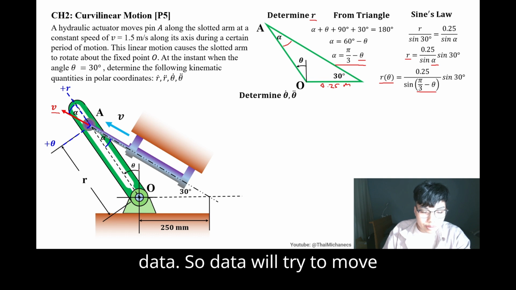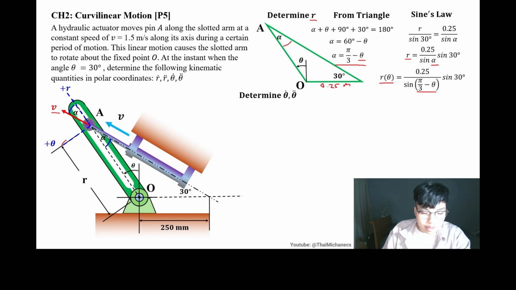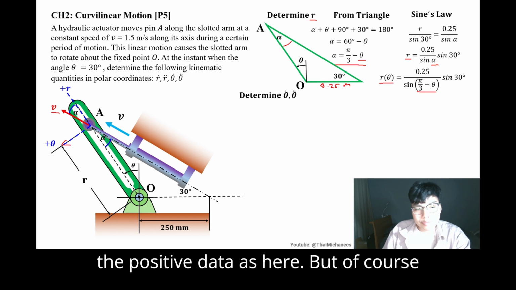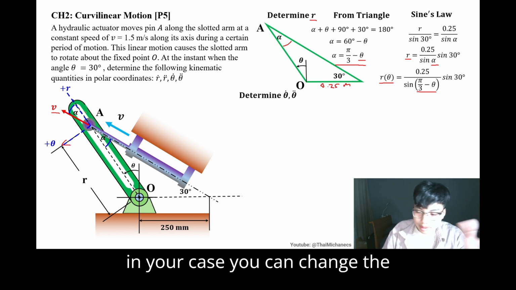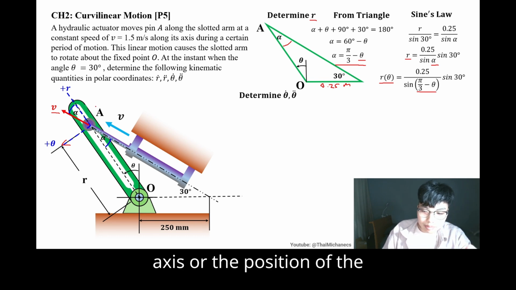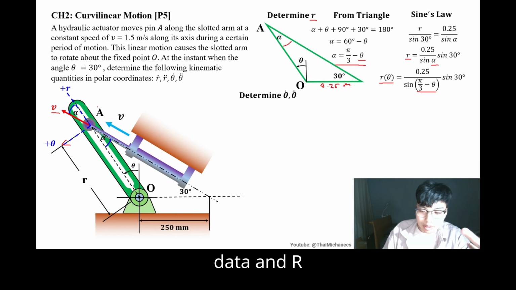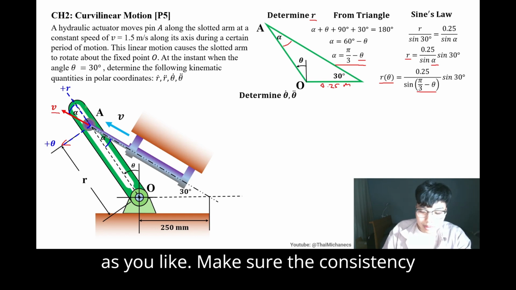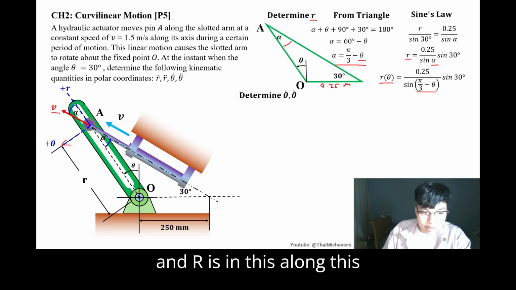Theta will try to move in this direction, so I put the positive theta here. Of course, in your case, you can change the axis or the position of theta and r as you like. Make sure it is consistent and r is along this axis.